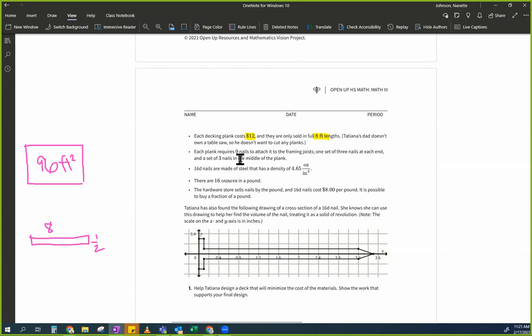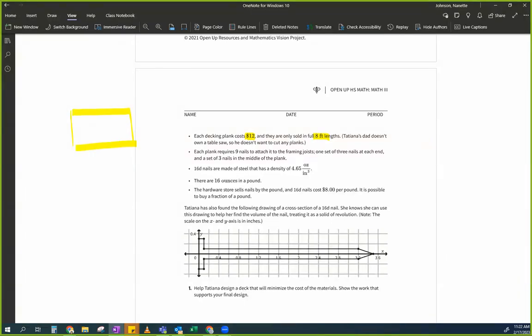Each plank requires 9 nails to attach it to the framing joists, one set of 3 nails at each end, and a set of 3 nails in the middle of the plank. So I'm just going to draw some drawings. I'm going to get rid of this stuff over here. So number one, this is going to be 96 square feet, right?